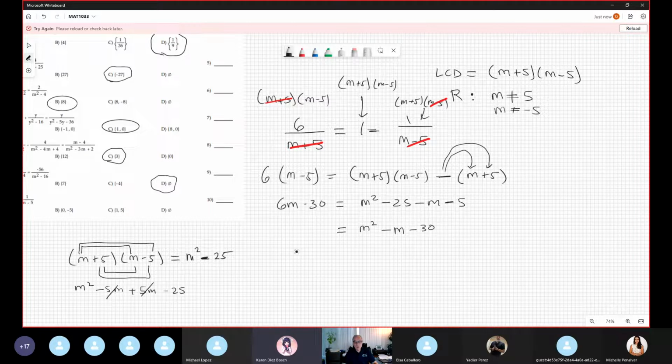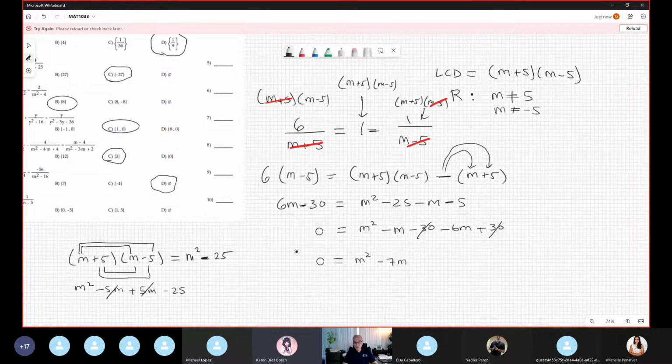You move to the other side minus 6m and plus 30, because this 30 is negative, and move to the right-hand side. And here we have nothing, it's 0. So 0 is equal to m squared minus 7m, negative 1 and negative 6. And fortunately, I say fortunately because it's easier, no? So cancel out.